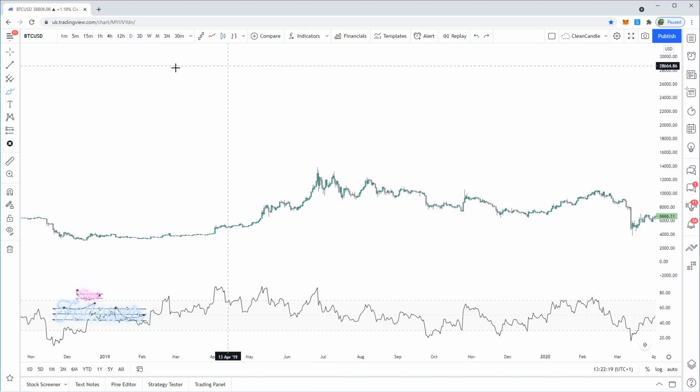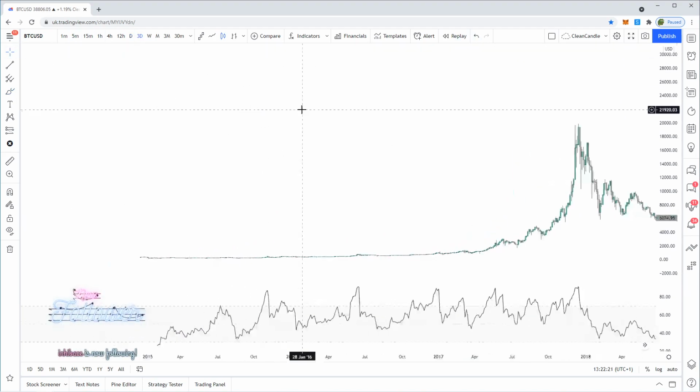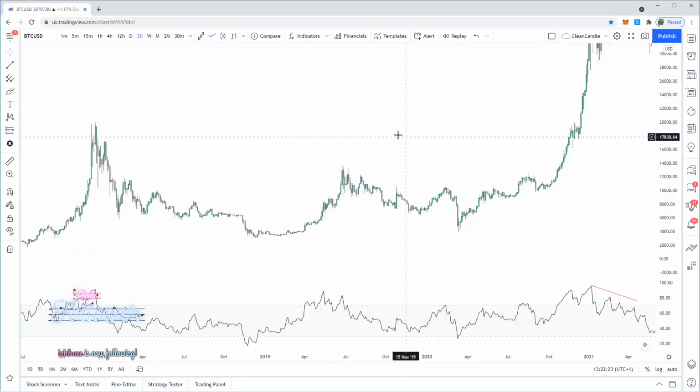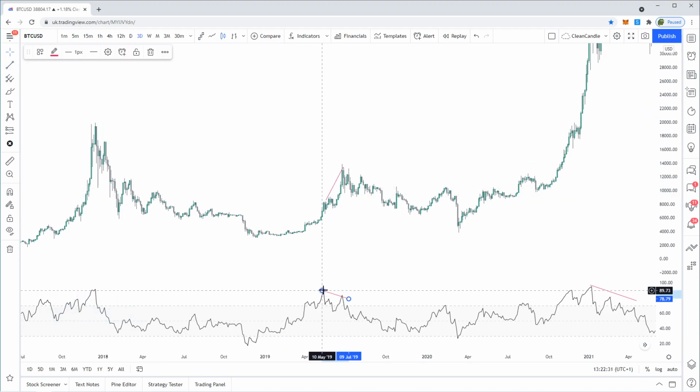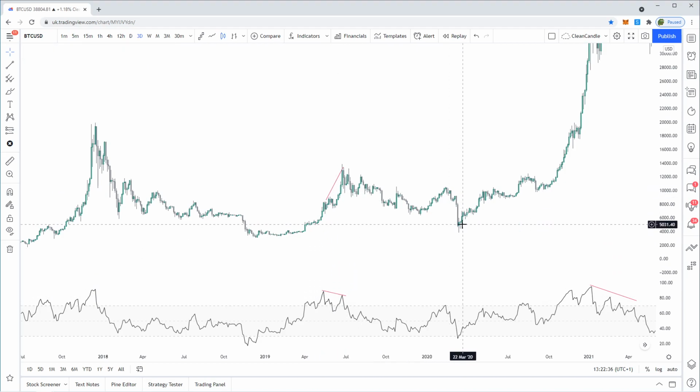So we can see those peaks are lower. We swap it to the 3-day. Okay, and we've got a very clear divergence here between this high, here and here, here and here. So you see the way we get those elongated divergences, either to the upside or the downside. And by swapping time frame, we get a far better picture of what's going on.